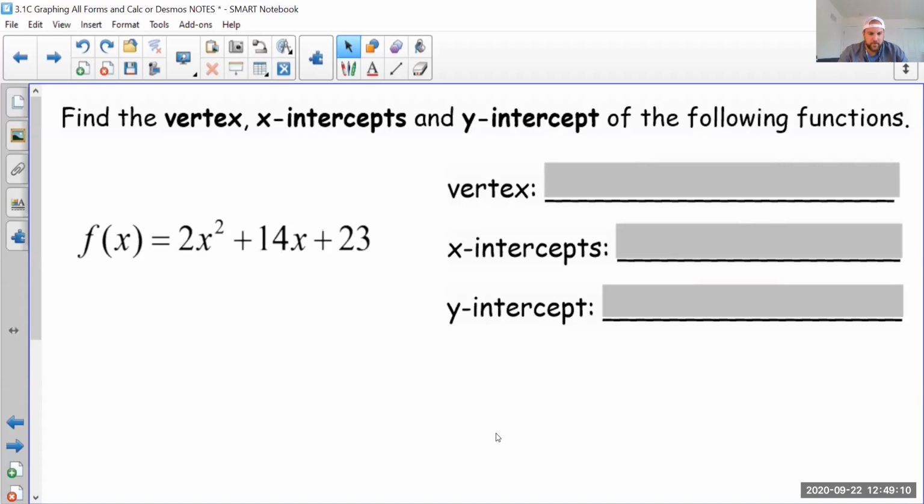If you're having trouble, now is the perfect time to ask, because there will be a question on your test where you have to be able to use a calculator. For the test, will we be able to use Desmos? Yes. Okay.